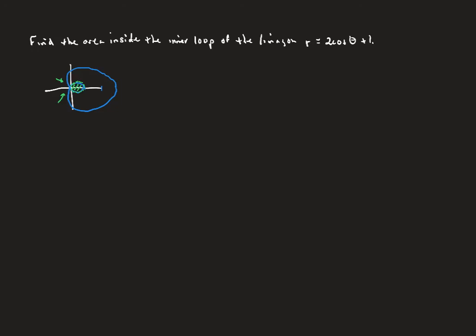That's going to happen when r is equal to 0, when it's at the pole, when it crosses through the x-axis. So we take our f of theta, 2 cosine theta plus 1, set that equal to 0, and solve, looking for answers between 0 and 2 pi.